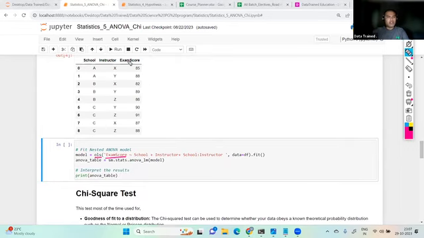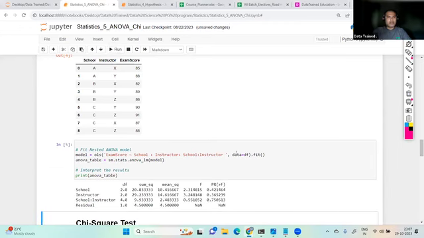Our dependent variable is exam score tilde school plus instructor plus school colon instructor. I will explain this. All right. Same ANOVA model, we are going to use anova_lm. So let's go ahead and run this and check the result here.